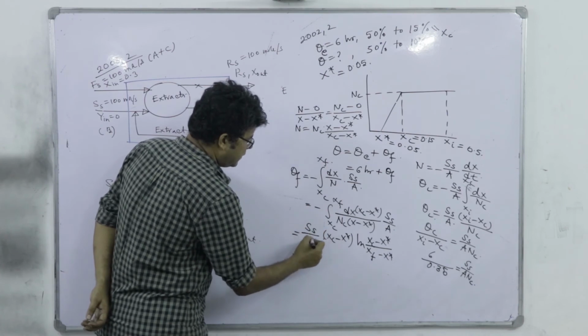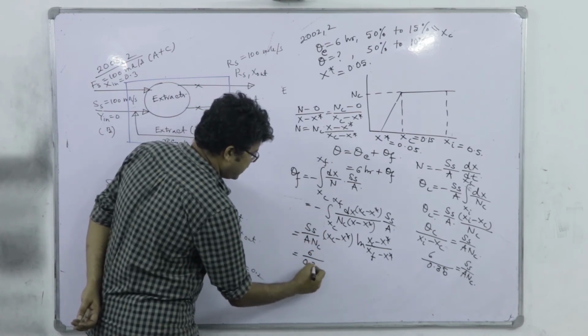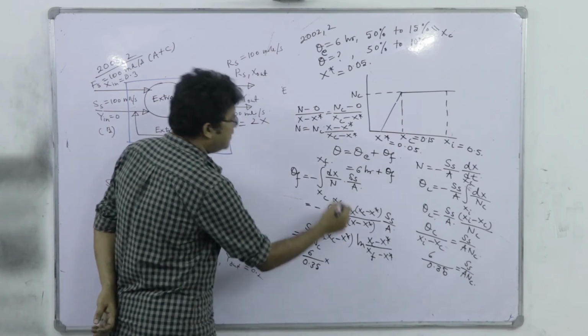So, this Ss by A Nc is 6 divided by 0.35, into Xc minus X star.